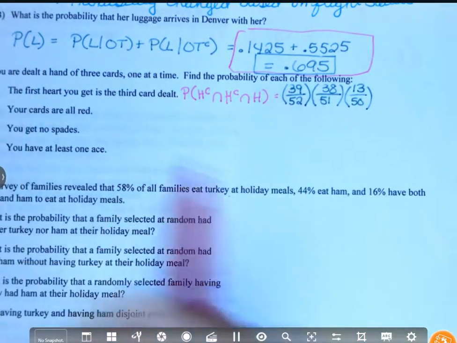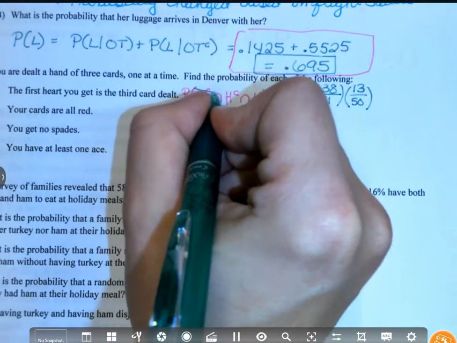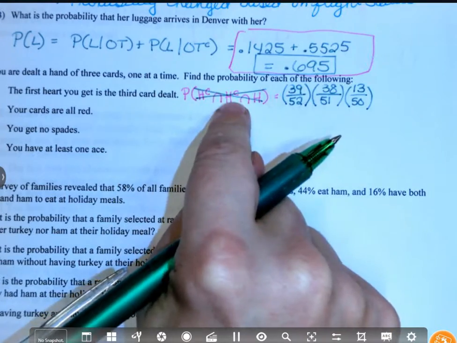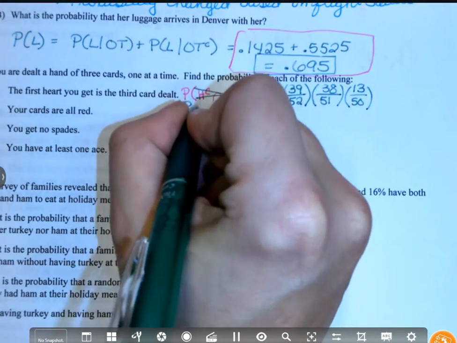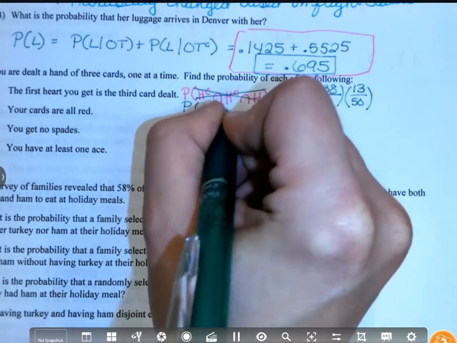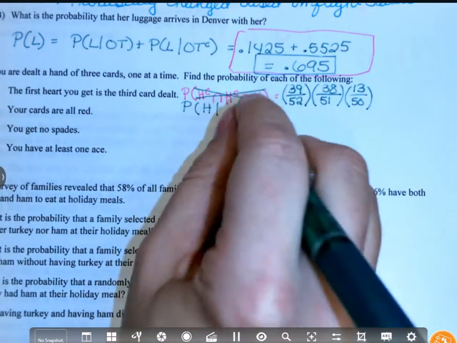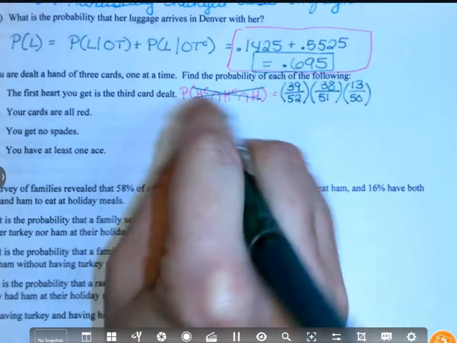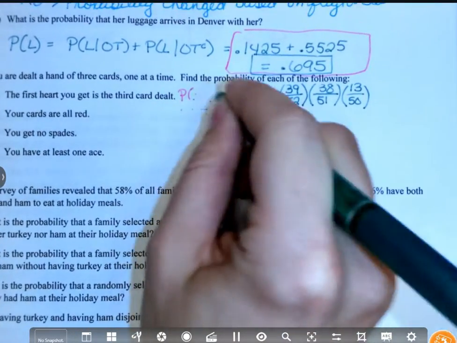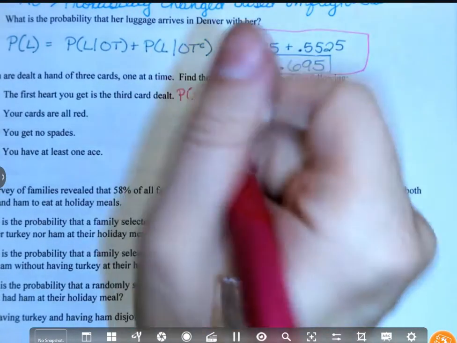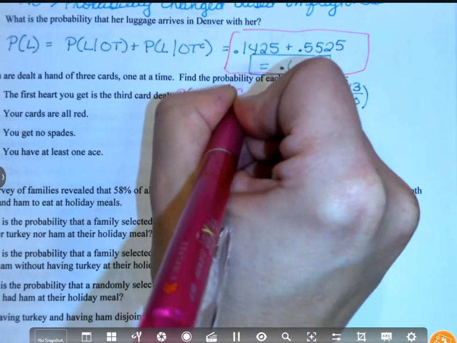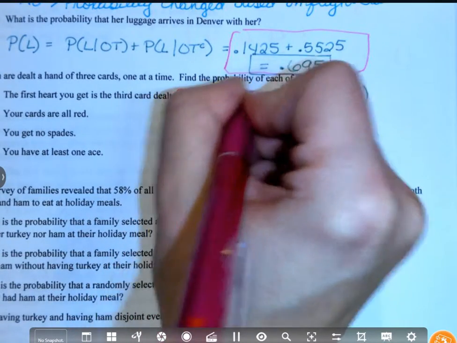This is the work you need to show. And technically, this is not the correct way to write it, because this would be with replacement. What we're talking about, what's the probability of getting a heart given... Actually, no. That was correct. It's just it's conditional, so it makes it a little bit weirder to write. So, no, that's right. That's fine. It's the right way.